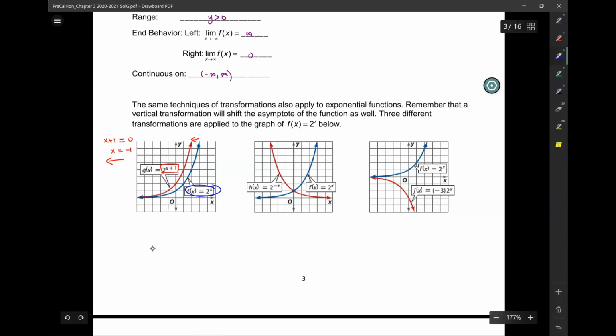All right, now, here, look at this one. I have 2 to the x. Now that's a growth, right? Now if I change it to 2 to the -x, we can look at it in 2 different ways. First, the fact that x is negative, that negative makes it a reflection around the y-axis.